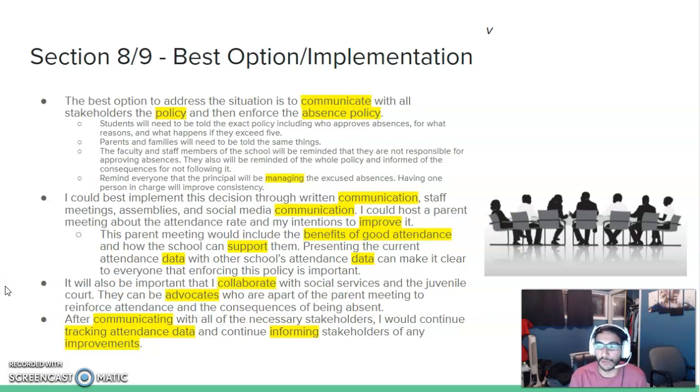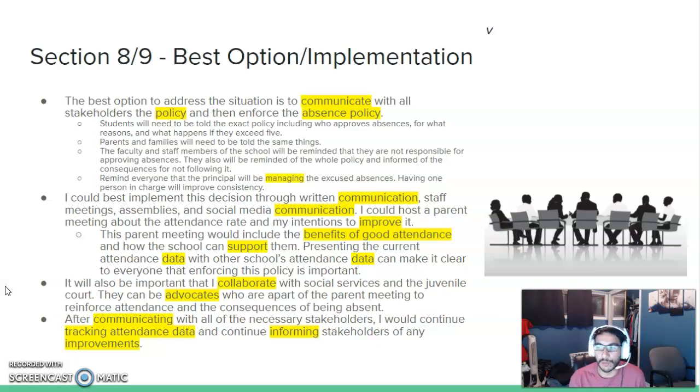Or I could host a parent meeting about the attendance rate and give possible solutions to improve it. This could include the benefits of good attendance and how our school could support it, and making sure I offer data to support whatever I'm trying to communicate to the parents and whoever else would be involved.